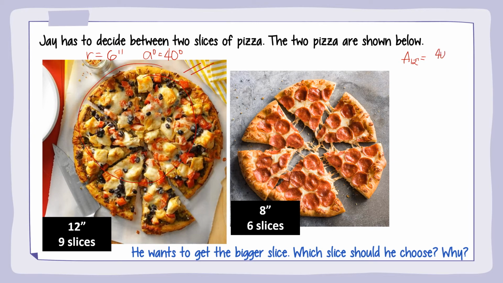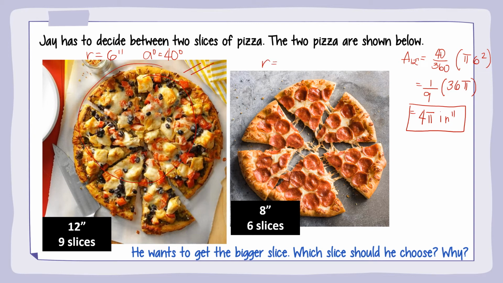We have 40 over 360 times pi r squared. Lowest term natin, 40 over 360, that is 1 over 9. 36 pi. 1 times 36 is 36 divided by 9 is 4 pi. So, ang area ng unang pizza ay 4 pi inches squared.